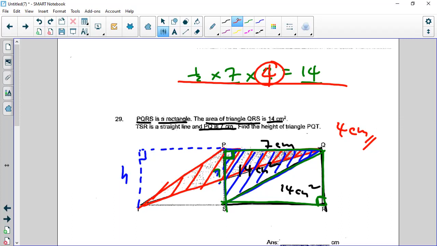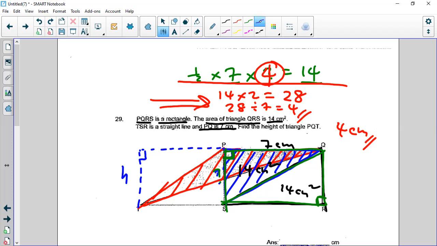Or what Raphael said is you can take 14 times 2, and you get 28, and then 28 divided by 7 equals 4. Also same. But I think not many people know how to do this way, so you can do some guess and check, which is what Mr. Ong did earlier on. Half times 7 times what equals 14. The numbers are very small, so you can just put any number there to see whether it is correct.